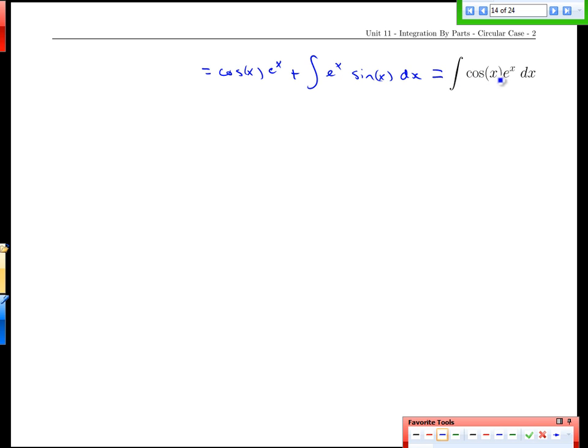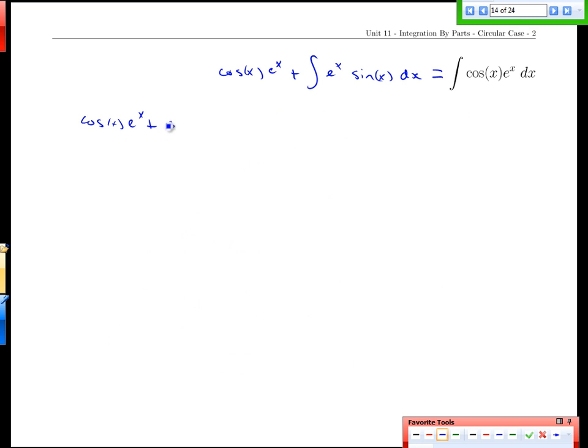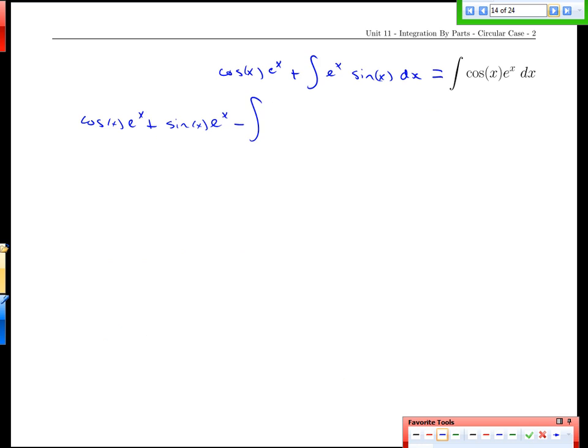So our integral of cos x e to the x dx can be rewritten as this cos plus a new integral. And this part here we just expanded, so we'll say cos of x e to the x again, plus this integral, and if we look at the parts on the last page, it's sine x e to the x, so plus sine x e to the x, minus the integral of e to the x cos x dx.